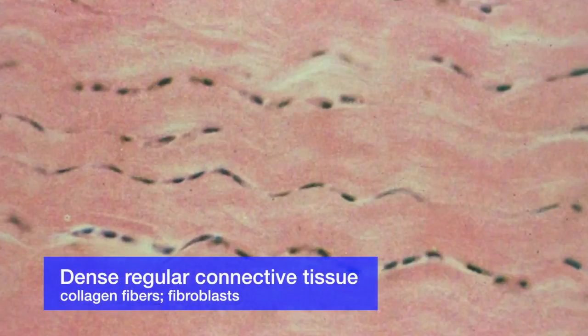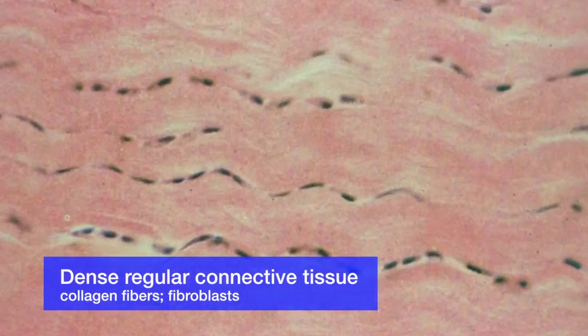Areolar connective tissue, adipose tissue, and reticular connective tissue are loose connective tissue because the fibers of this kind of tissue are loosely arranged between the cells. Let's go to the dense connective tissue.